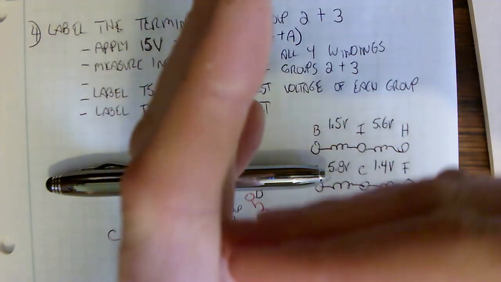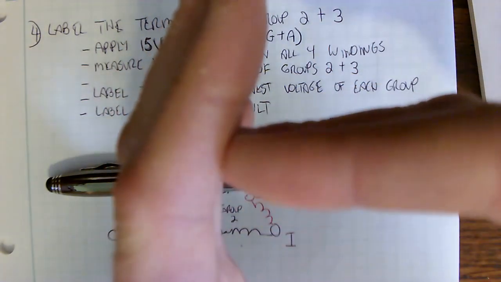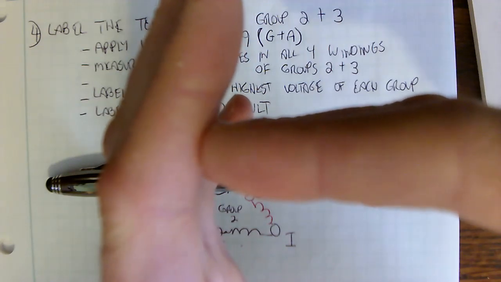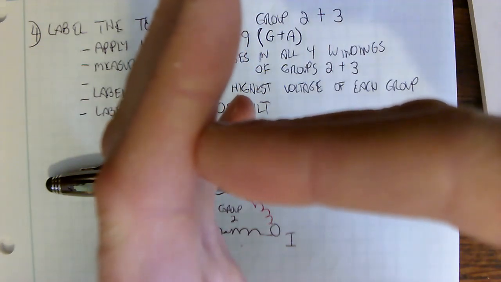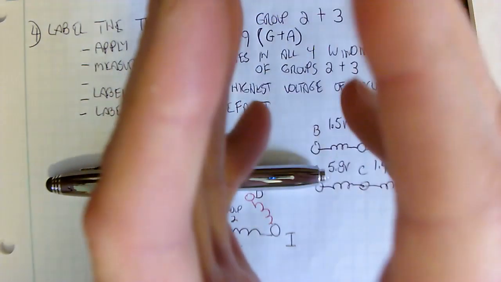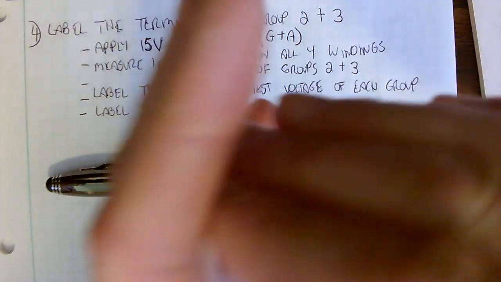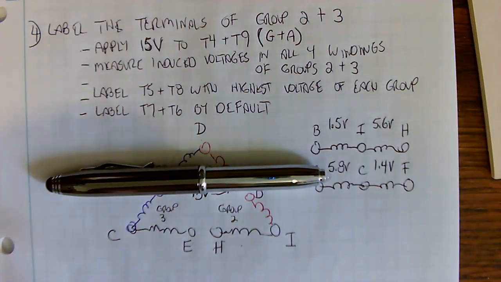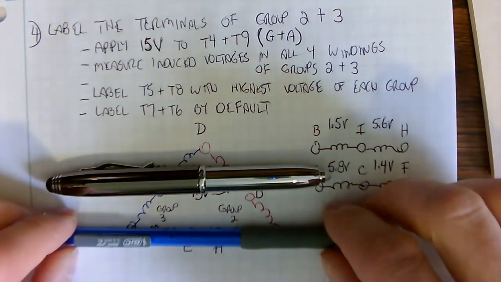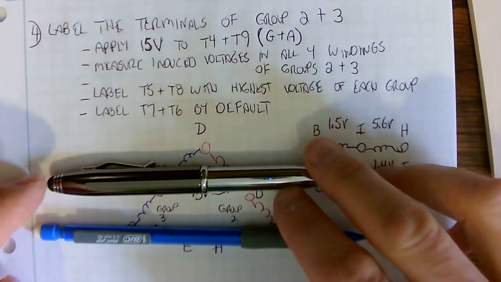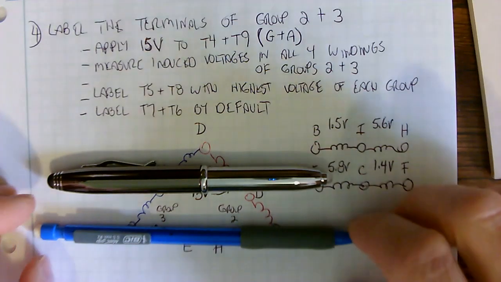If I have the winding, let's say perpendicular, I'm not going to have as many wires cut, and therefore I'm going to have less voltage induced. So the moral of this story is, if you have two windings in parallel, you're going to have a higher voltage than if the windings are perpendicular to each other. So let's use that kind of theory with what we're doing here. These windings, I guess there's 4 of them in total, but let's just say 2 windings.